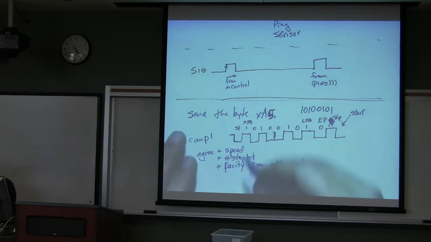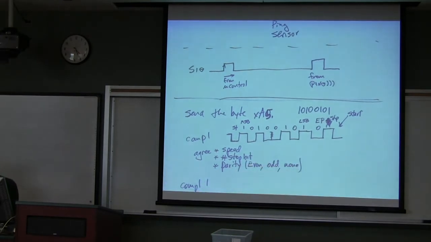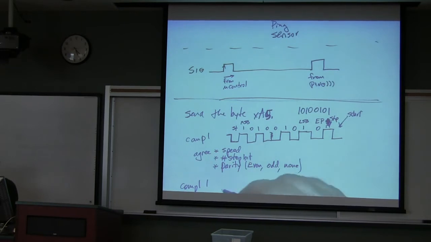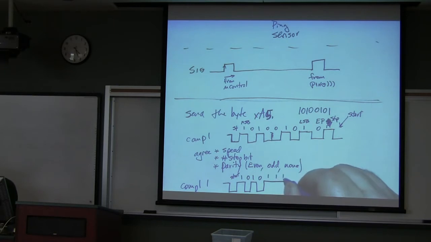So if this is what I sent, again with comp 1, let's say I have an error. Something happens to the line, and I garble some of my bits. So I do my start bit. I do 1, 0, 1. This was start. And then, for some reason, I garble and everything is stuck at 1.